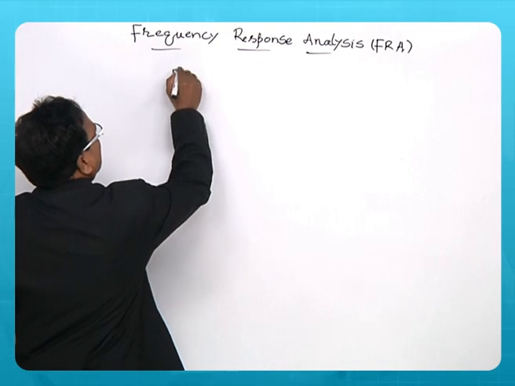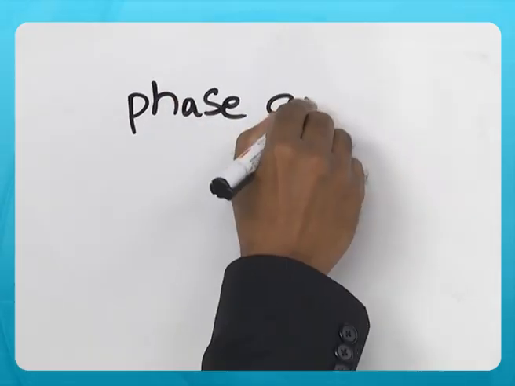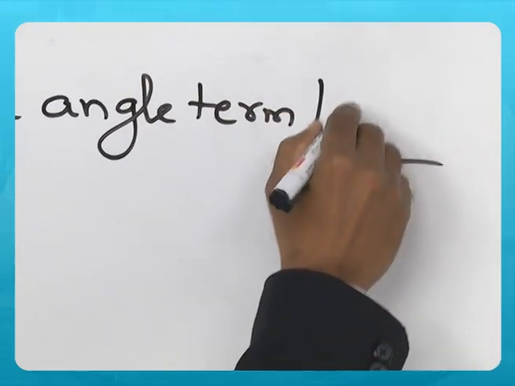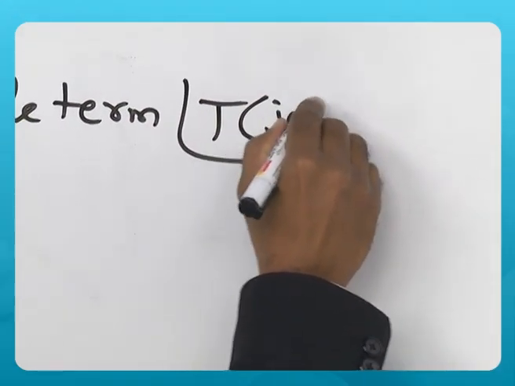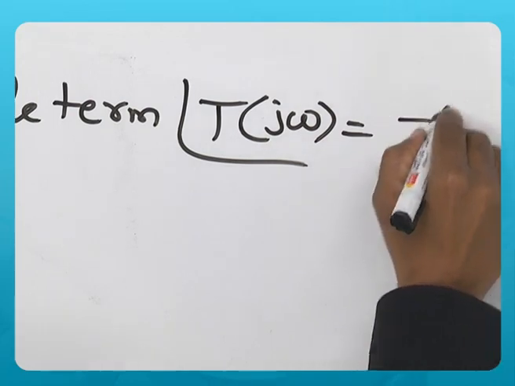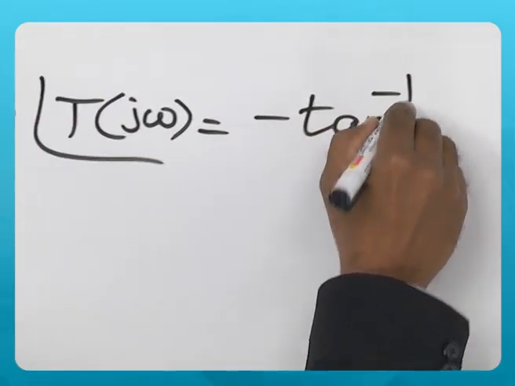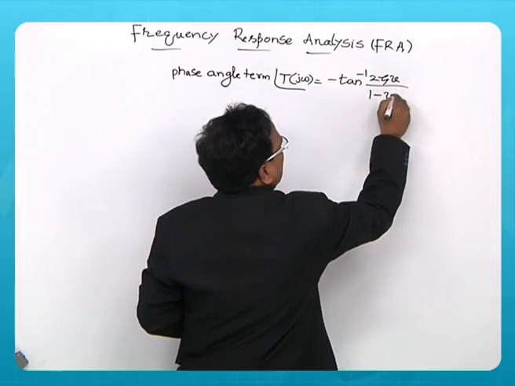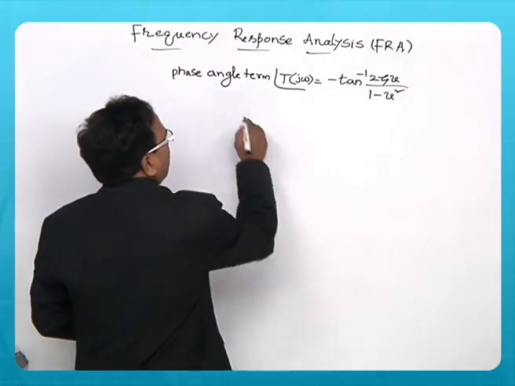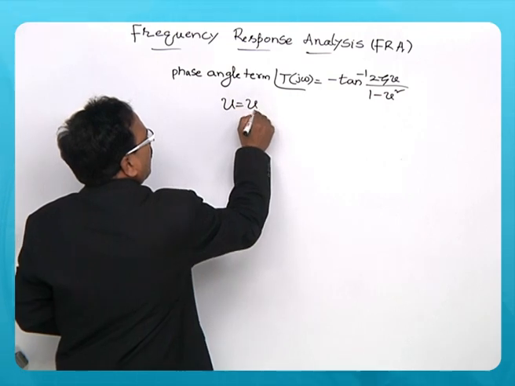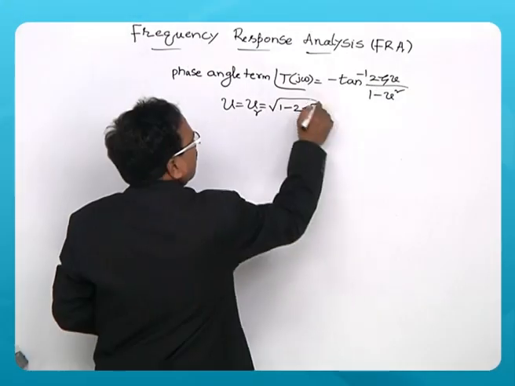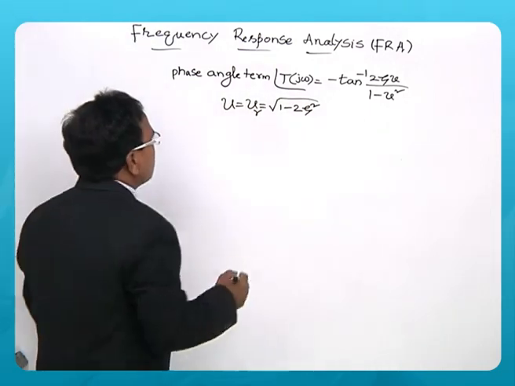Now the phase angle term, angle of T of j omega, is given by minus tan inverse of 2 zeta u divided by 1 minus u square, where u is equal to u r, that is equal to under root of 1 minus 2 zeta square, which needs to be substituted in this.